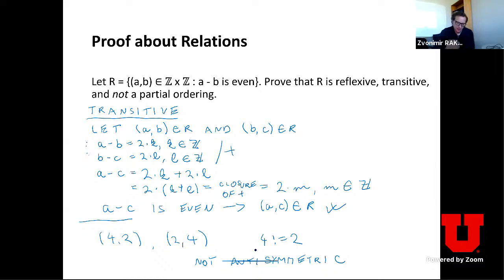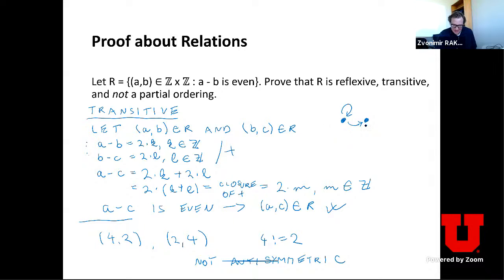Yeah, so it will be a relation that looks like this. So maybe something like this. One of the elements has this little loop. So this one is, let's say, reflexive.